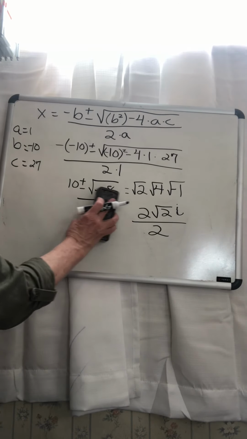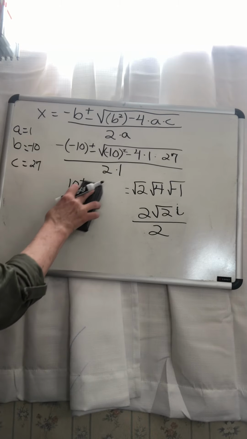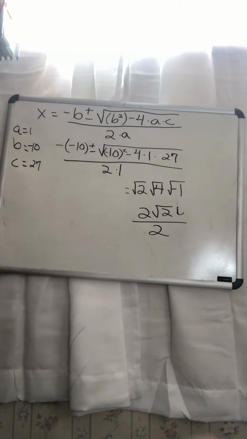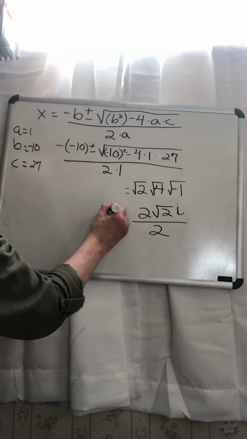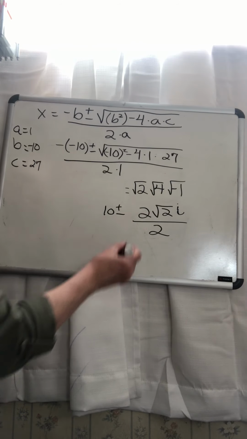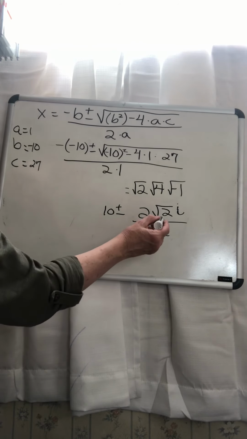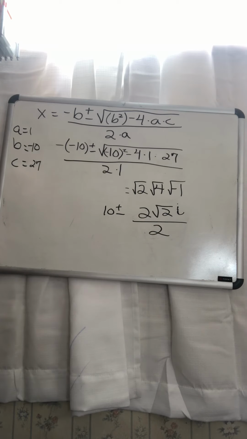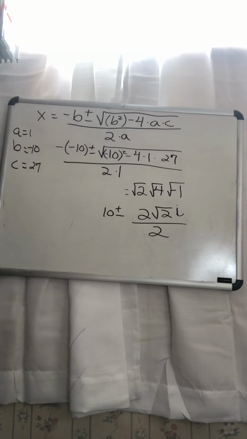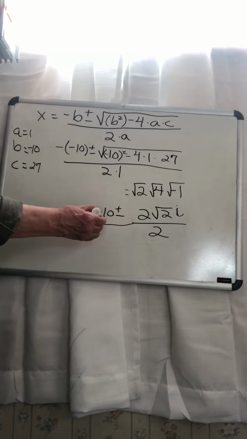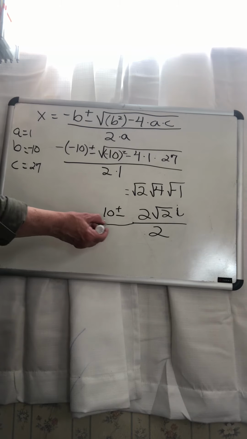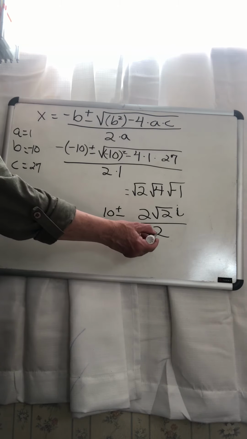Okay, so I'm going to erase this since we've simplified it. So now we have 10 plus or minus 2 times the square root of 2 times I over 2. Okay, so as we continue simplifying, this fraction bar goes all the way to here. So 10 divided by 2 would be 5.